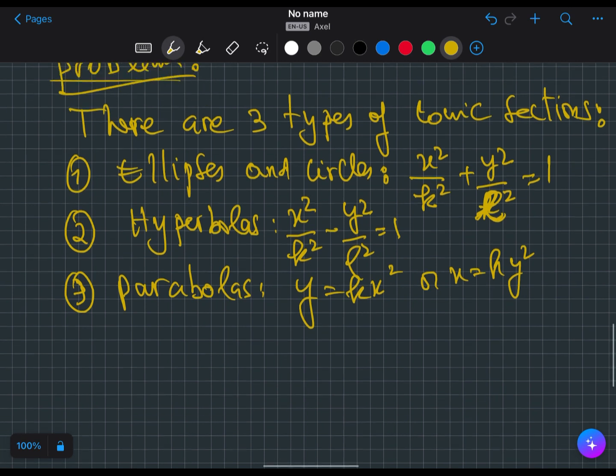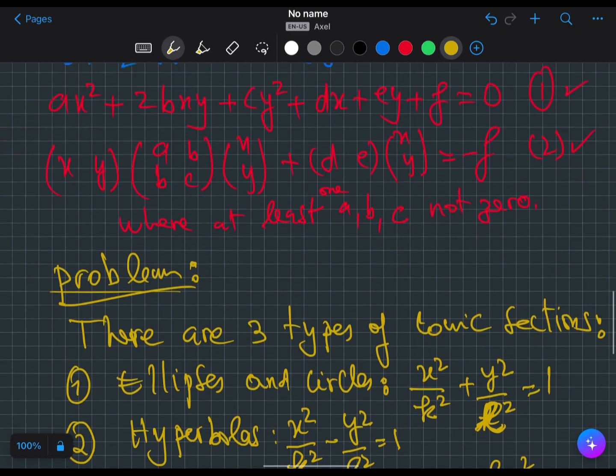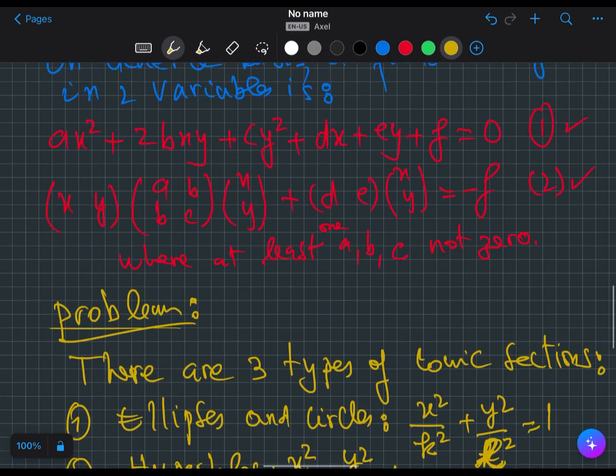Now, it is important to realize that from equation 1 or 2, if the xy term is 0, then we can easily obtain a conic section in the plane by reducing the equation to one standard form by completing the square.